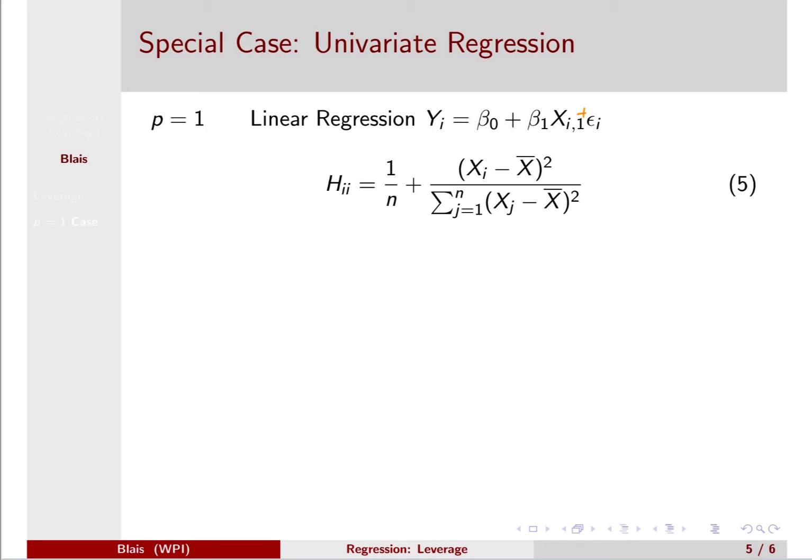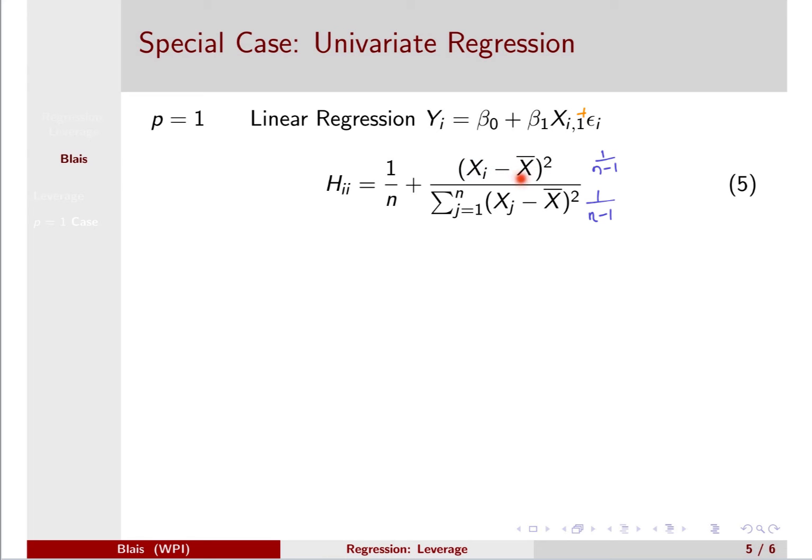And we can make some sense of this by noting if you multiply top and bottom of that fraction by 1 over n minus 1, what we have in the bottom is the sample variance of the predictor, x, and in the top we have the contribution. See, there's no sum here, so this is just the one term for the ith case.